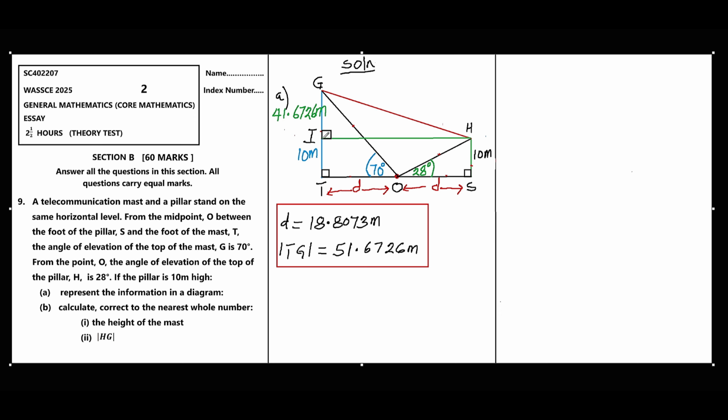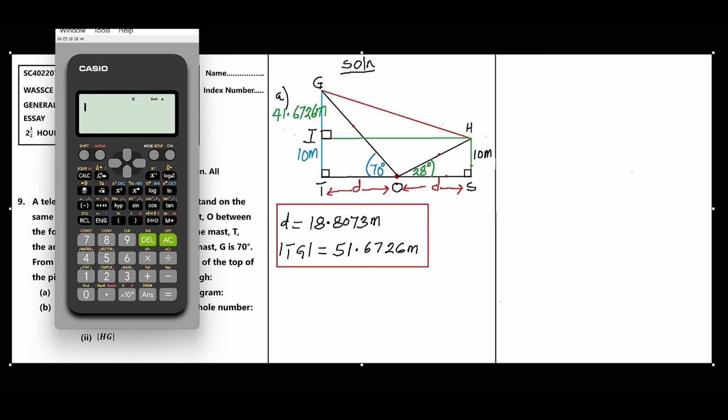Now what will be the length of IH? So we saw that from T to O measures D, then from O to S also measures D. So the full length of line TS will be D plus D. So let's find out. 18.8073, either we multiply by 2 or we add it to itself. So plus the same thing, 18.8073.